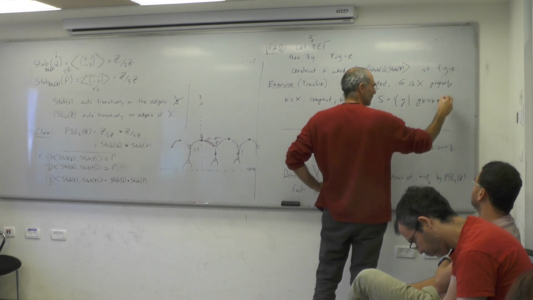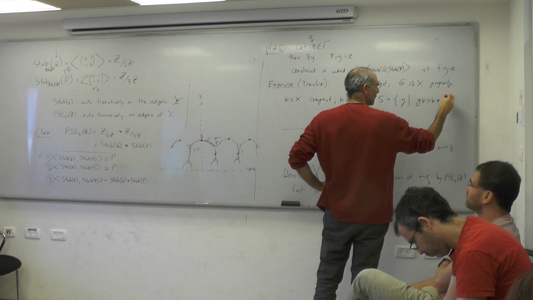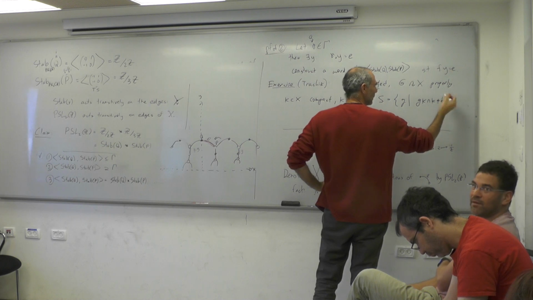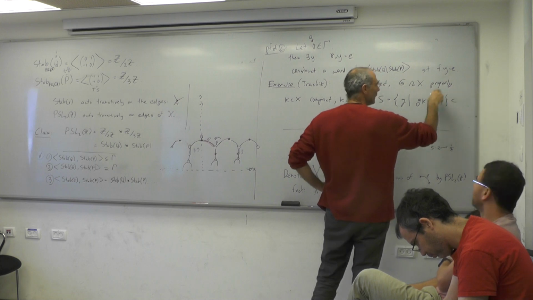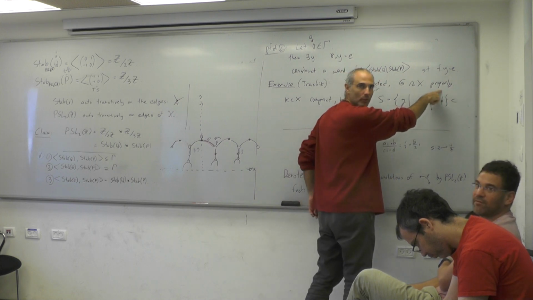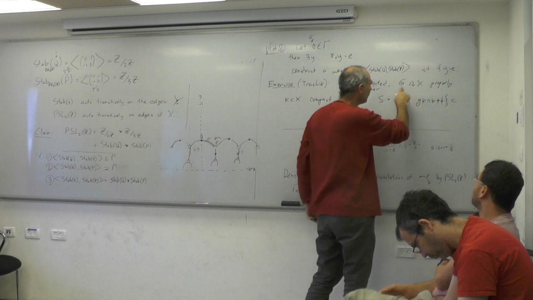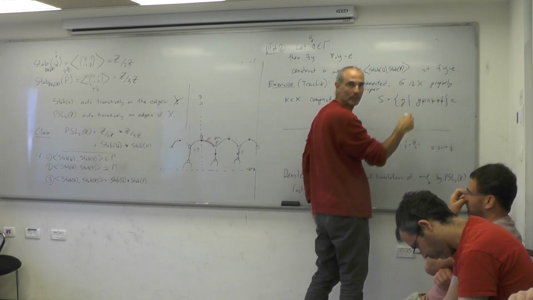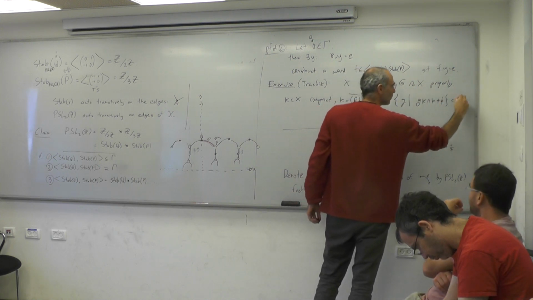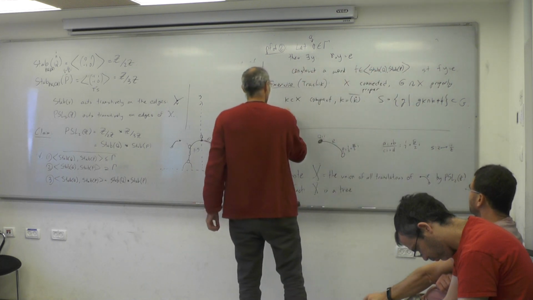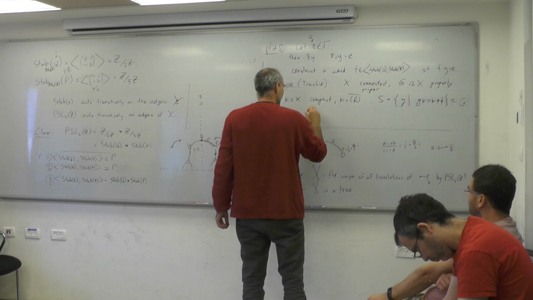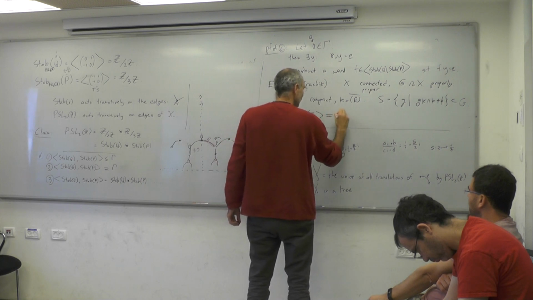We need it to be properly discontinuous. The action is proper, that's what we mean by proper. If you know these notions, if G was discrete, properness is what's known as proper discontinuous. Then the group generated by S inside G is all of G.